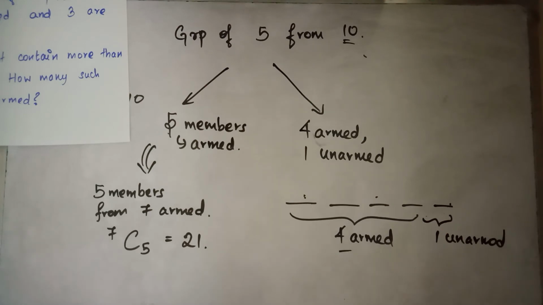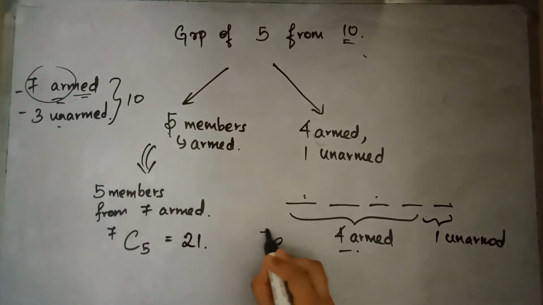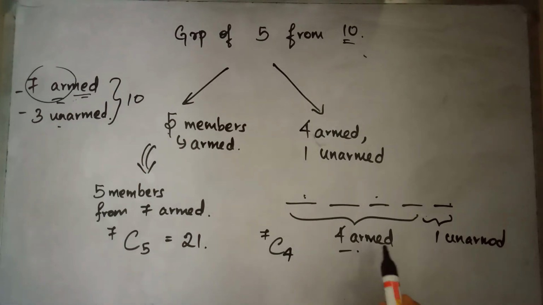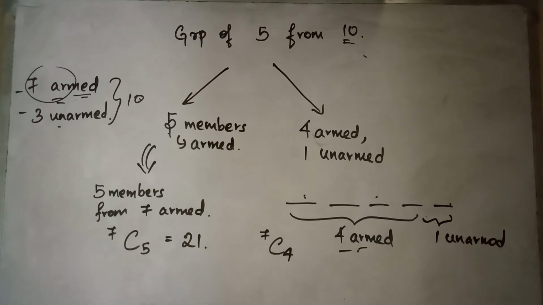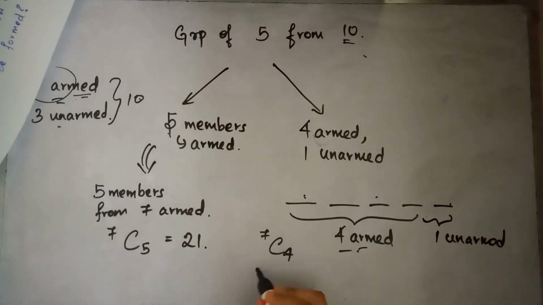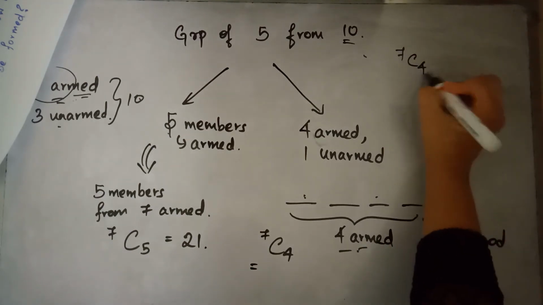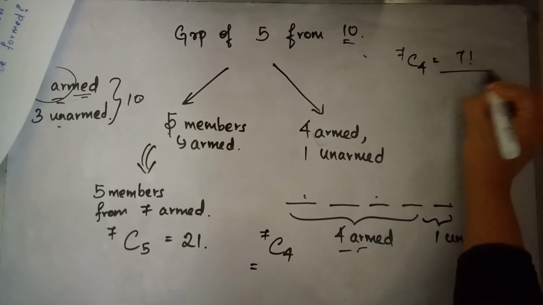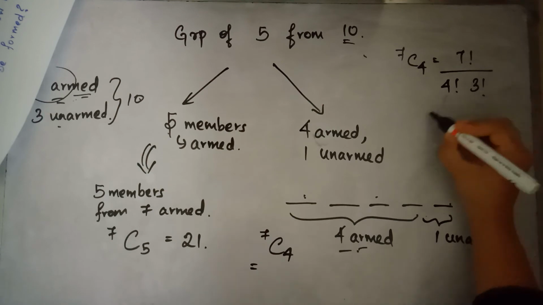First, let's look at 4 armed members. From where do I choose these 4 armed members? I choose it from these 7 armed members. Only then will I be sure that I'll get armed members. If I'm choosing from total 10, I could get an unarmed member and not even know it. So I'll have to take 7C4, which is 7 factorial divided by 3 factorial and 4 factorial.